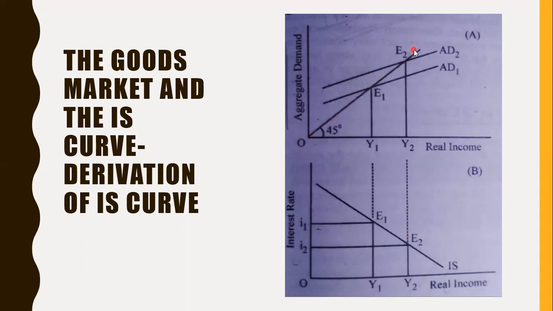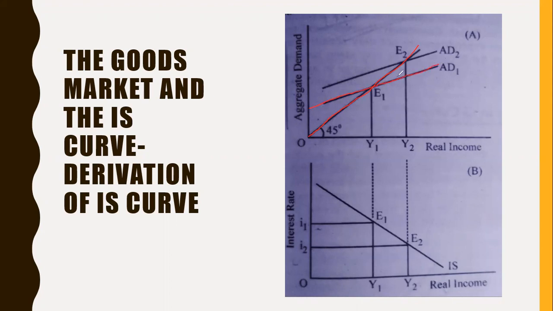The 45-degree line we first have to draw in the upper panel. Then AD1, the aggregate demand curve. So, drawing of the 45-degree line, and once you have that, draw the aggregate demand curve.